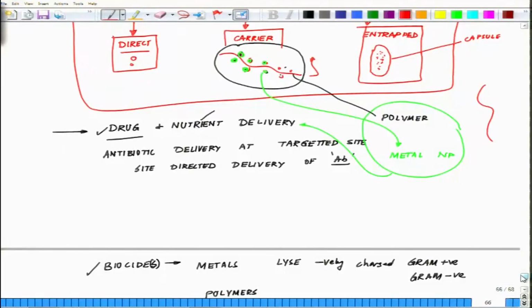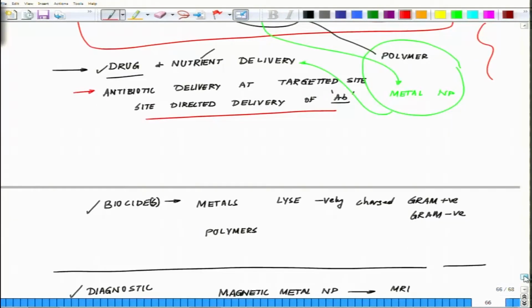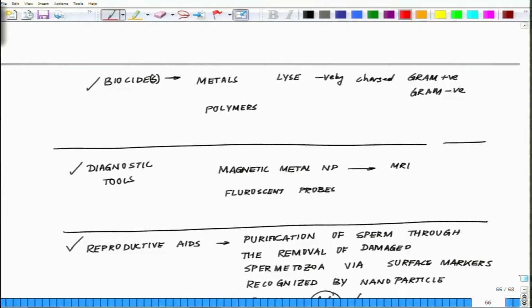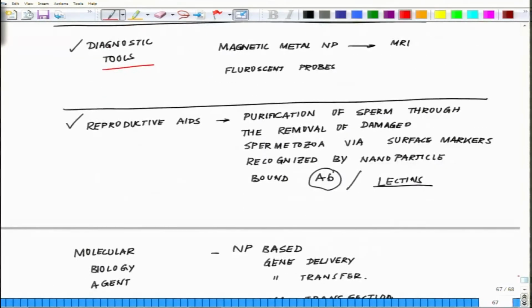Apart from it, we talked about drug and nutrient delivery, which is antibiotic delivery to targeted sites, site-directed delivery of antibiotics or antibodies, and biocides in terms of the metals, diagnostic tools using different kinds of fluorescent probes, and there is a lot of work going on in single particle tracking.